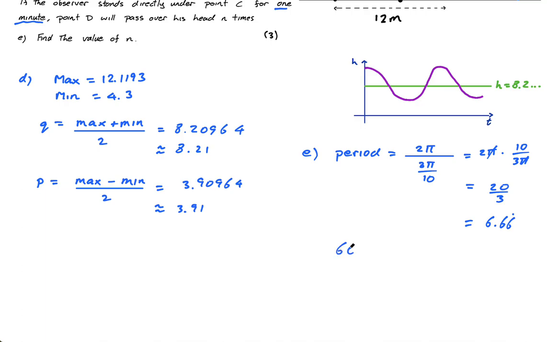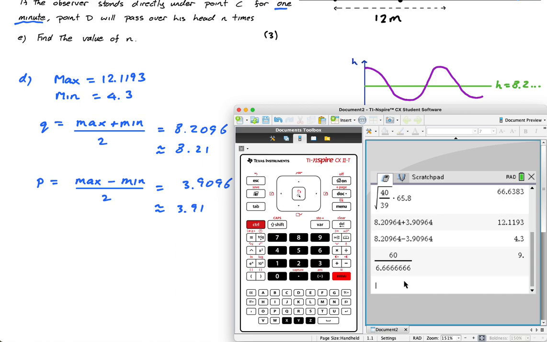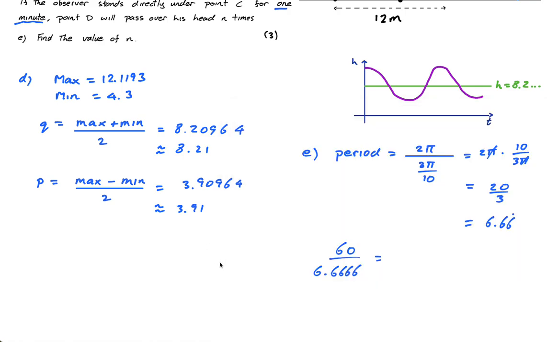So I'm just going to do 60 divided by 6.666, that'll be fine. You could have used obviously 20 over 3, but I just find fractions over fractions a little bit annoying. Well, look, it's 9 pretty much exactly. So it's going to be 9.